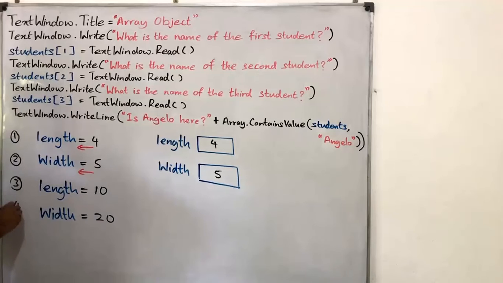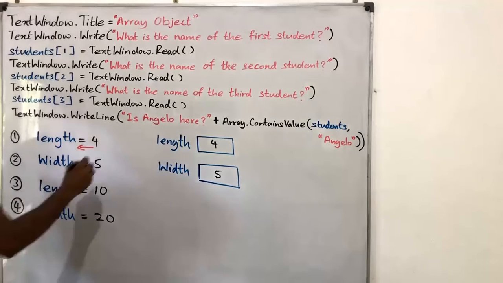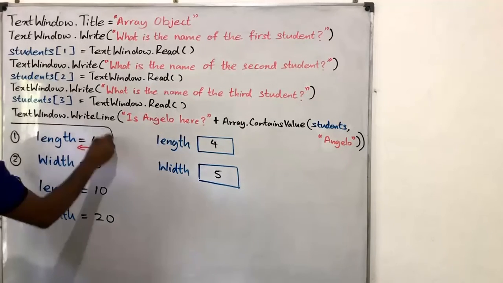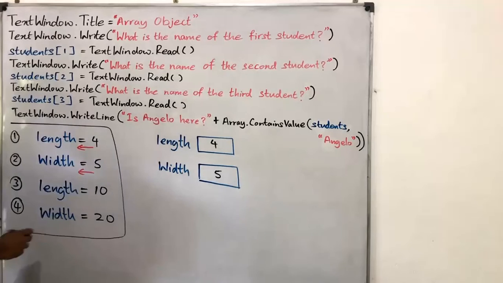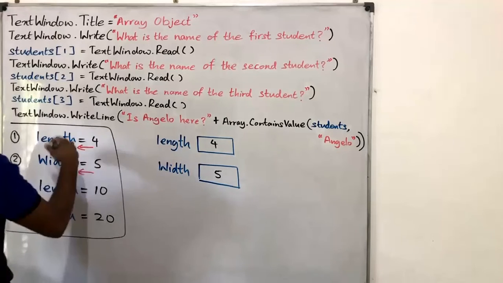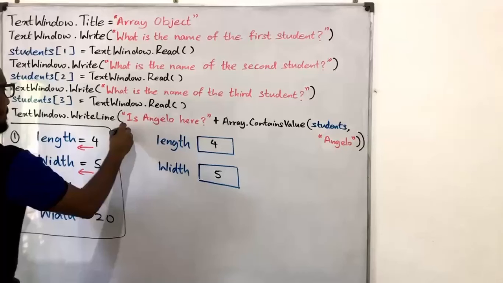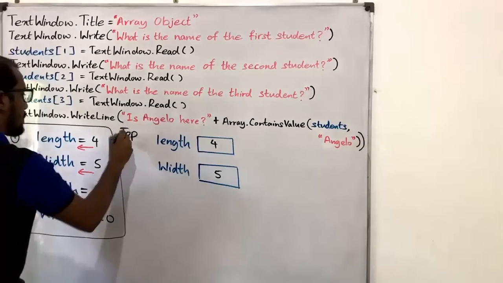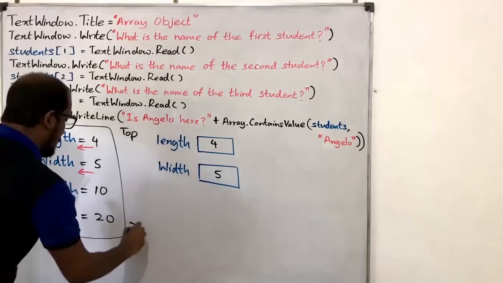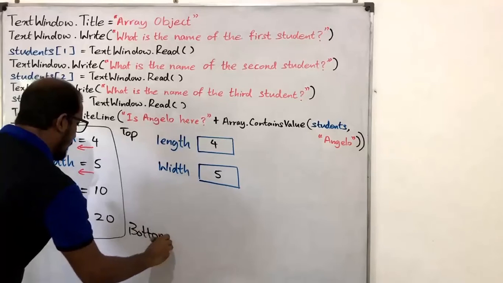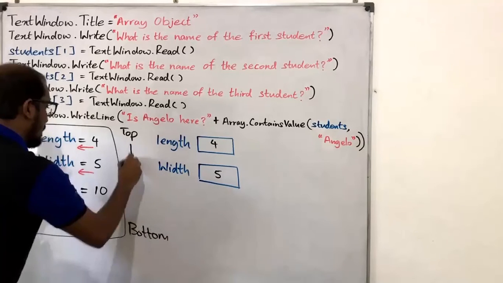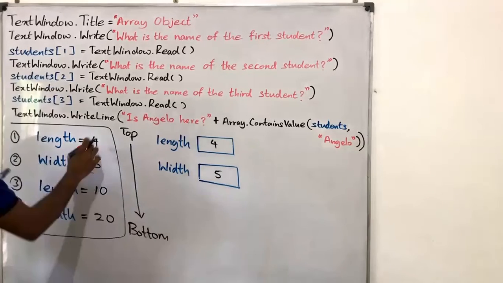So this is a piece of code. When this code segment executes, it executes from top to bottom, line by line, or statement by statement.